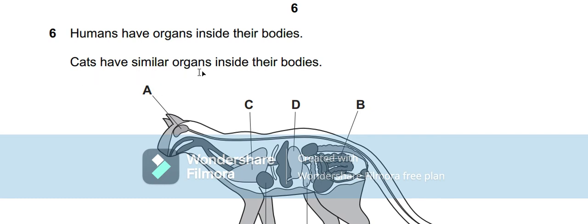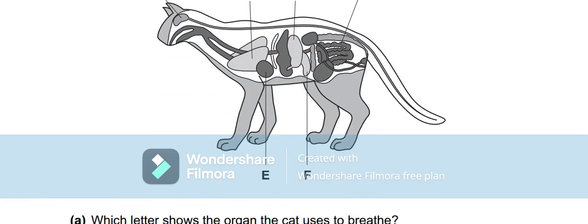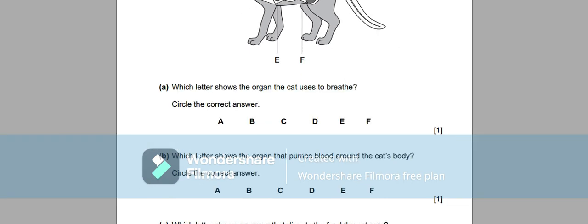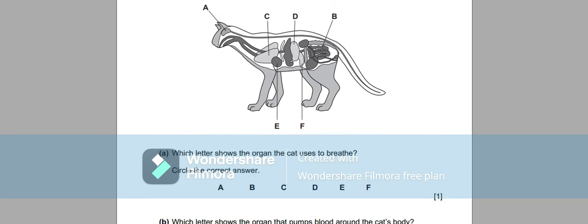Cats have similar organs inside their bodies, right? I'm sure you looked at body systems, right? So what is the question saying? Okay, fine. I'm sure you are able to see.